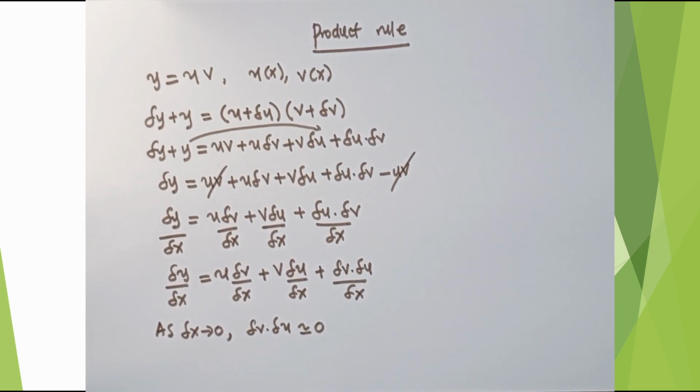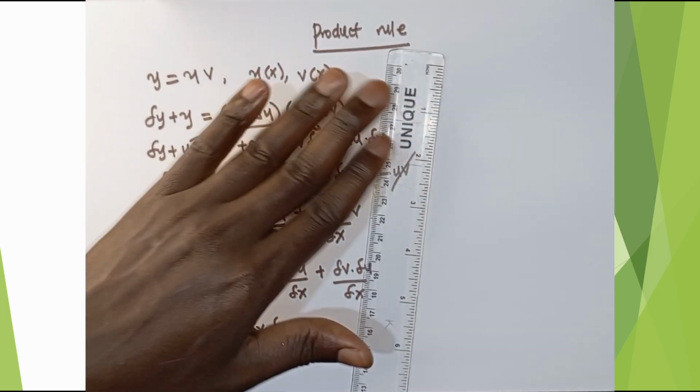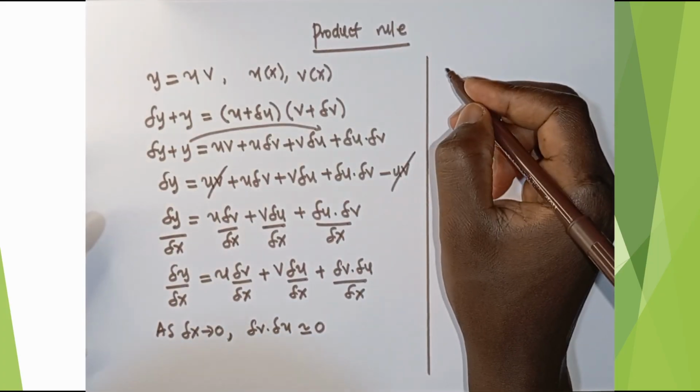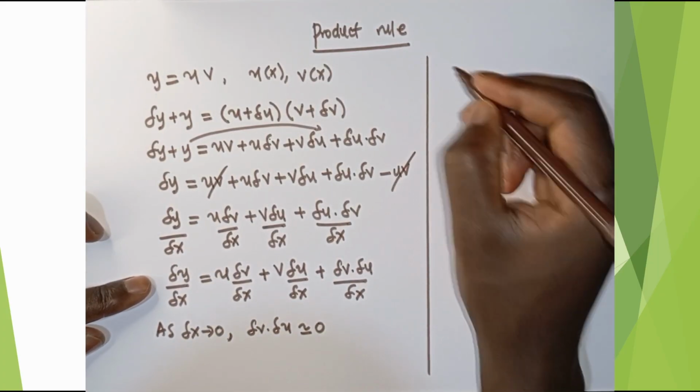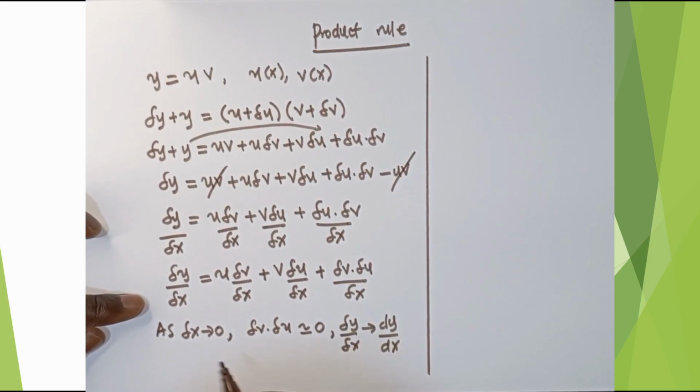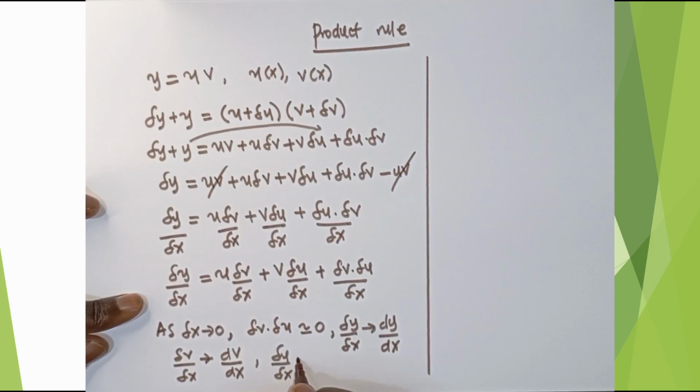So after that goes to 0, that's where we come and say, if I draw a line here, as this one goes to 0, delta y out of delta x becomes dy by dx, and delta v out of delta x also becomes dv dx, and delta u out of delta x becomes du dx.